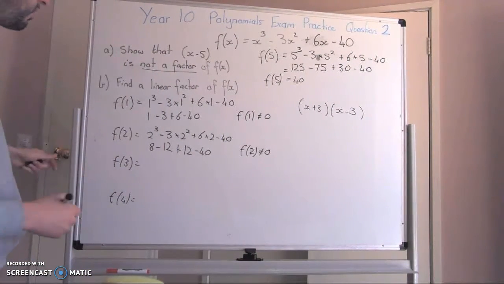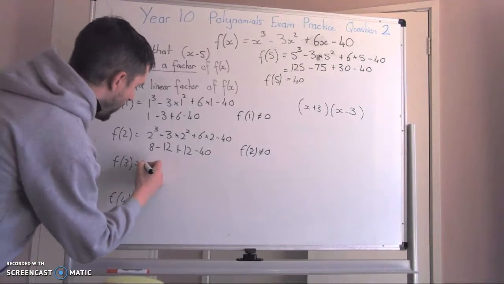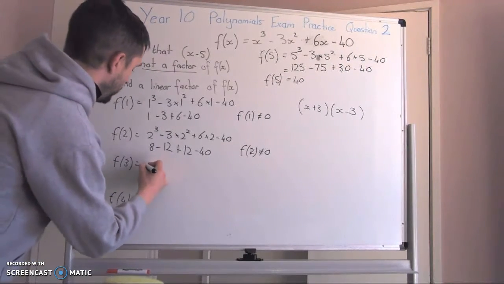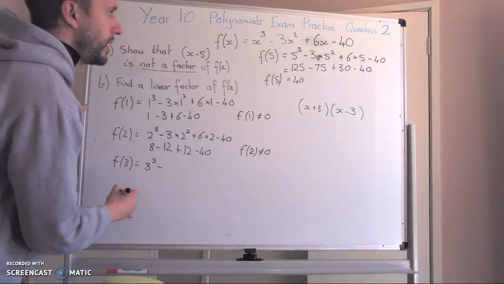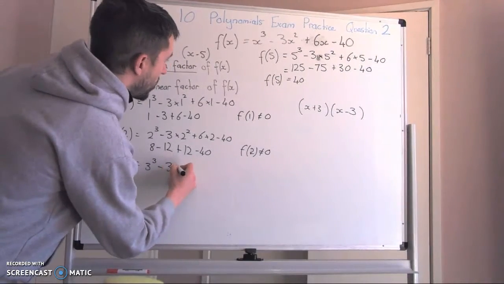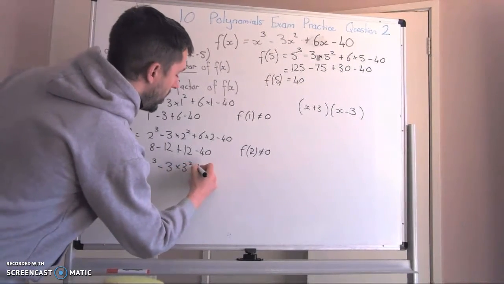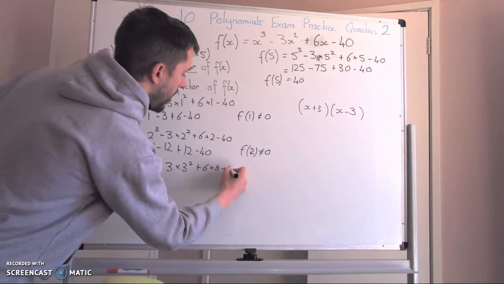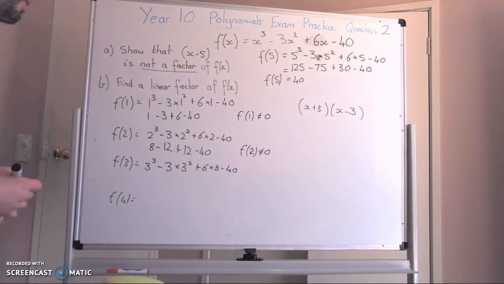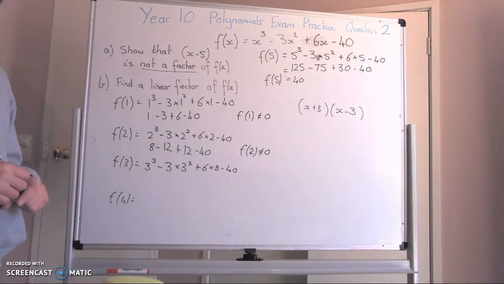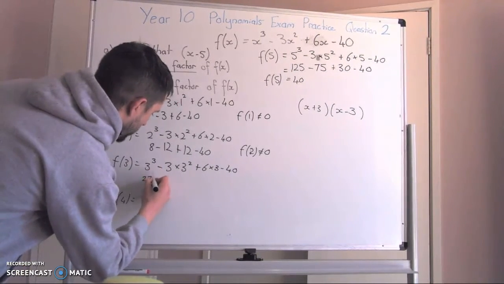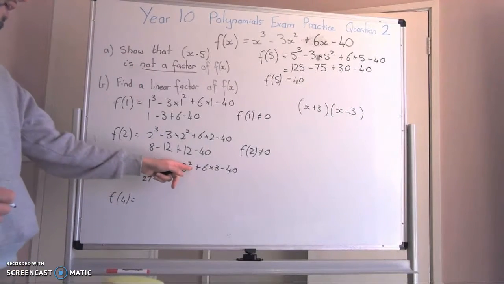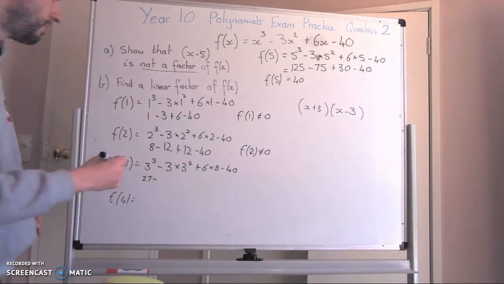So I'll then go down to evaluating with 3. So that just means I'm putting 3 into my equation. 3 to the power of 3, take away 3 times 3 squared, plus 6 times 3 minus 40. And then I'm going to solve it. 3 to the power of 3 is 3 times 3 is 9. 9 times 3 is 27. 3 squared is 9. 9 times 3 is 27.